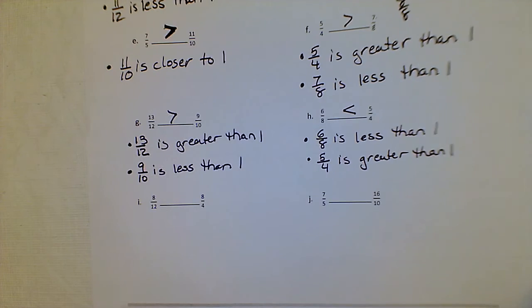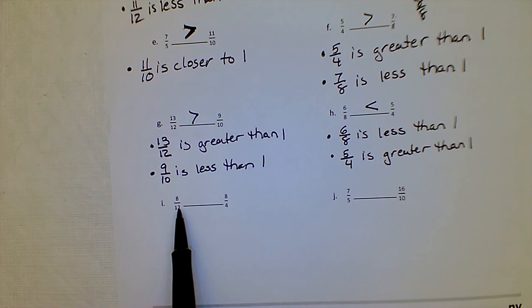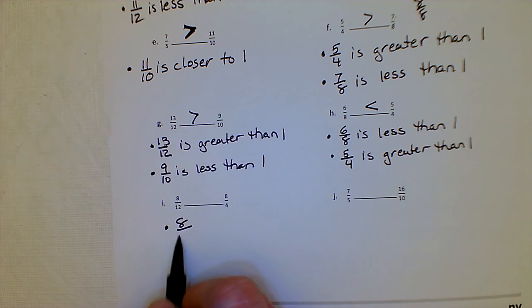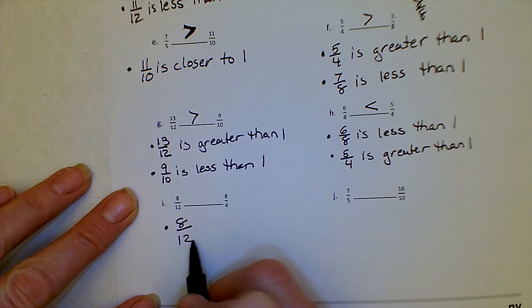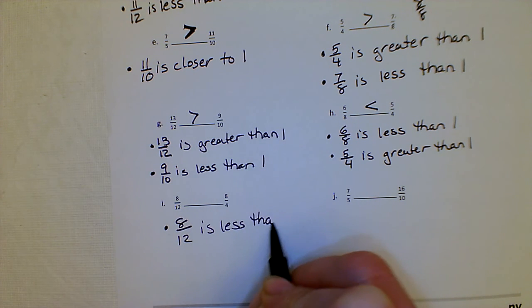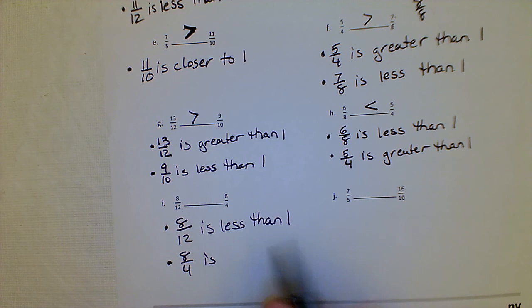All right, so with that said, though, let's do the last couple. So again, here, 8/12 is going to be less than 1. Oops, hold on, I just have to wiggle something. There we go. So 8/12 is less than 1, and 8 fourths is, actually it's 2.